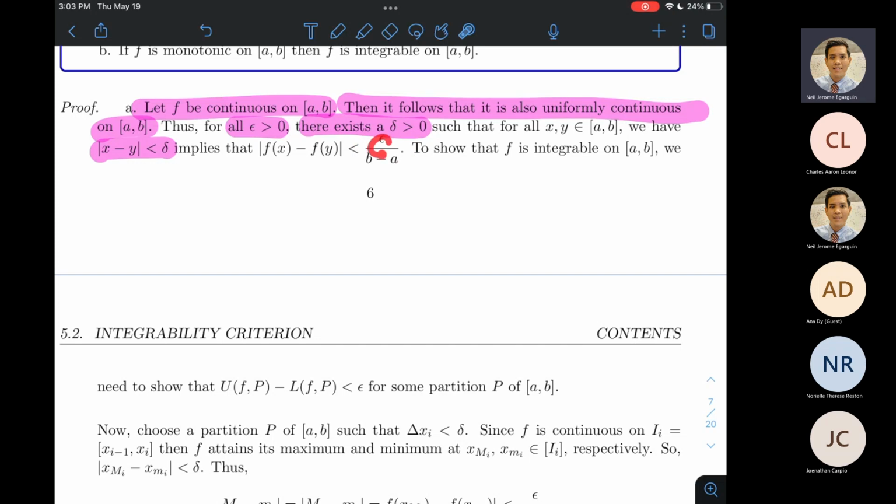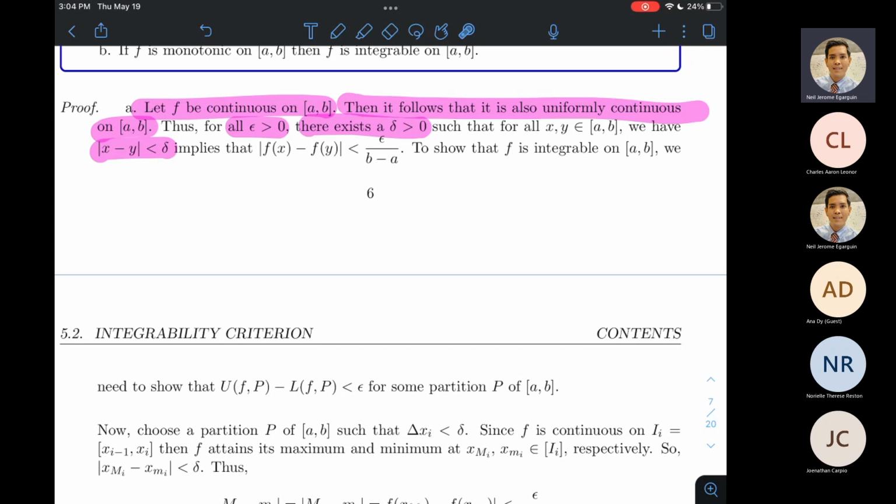Kasi di ba supposedly epsilon yan sa definition, but epsilon is an arbitrary positive number. If I divide it by a constant b minus a, then this will also turn out to be a positive arbitrary real number. Okay? So yun yung pinili ko. Tapos you will be thinking, what the hell? Bakit pinili na si epsilon over b minus a yung pinili rito? Bakit hindi na lang epsilon? Ano? Makikita nyo, magmamagic na naman ako later.